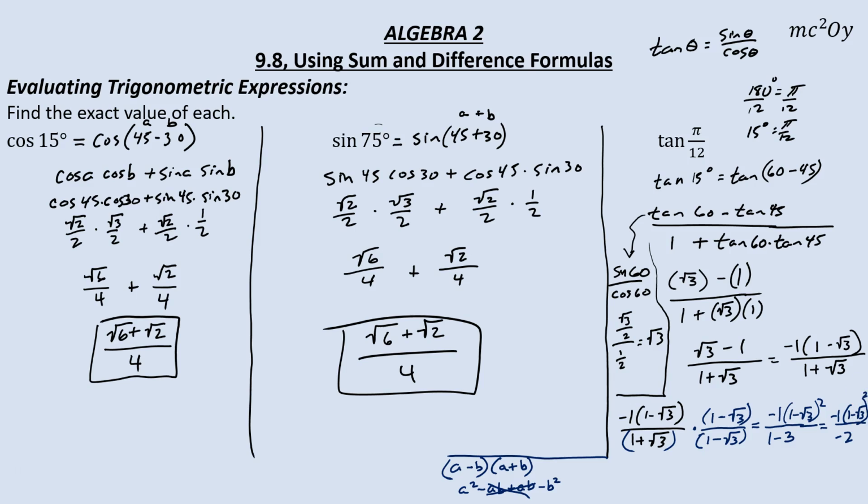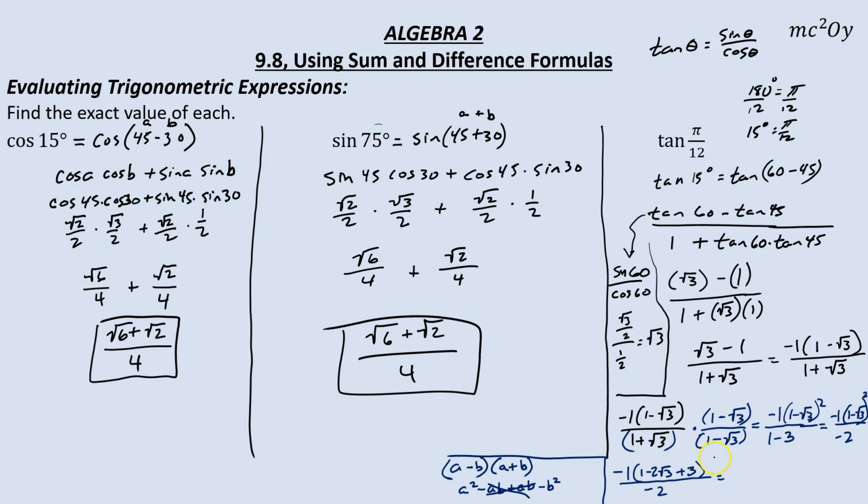Now when I actually multiply this out, that 1 minus root 3 squared gives me negative 1 times, when I square it, 1 minus 2 root 3 plus 3. Root 3 squared is 3. All over negative 2.